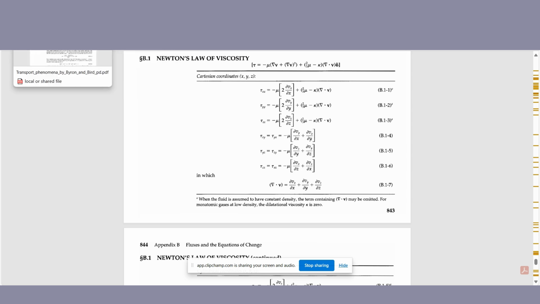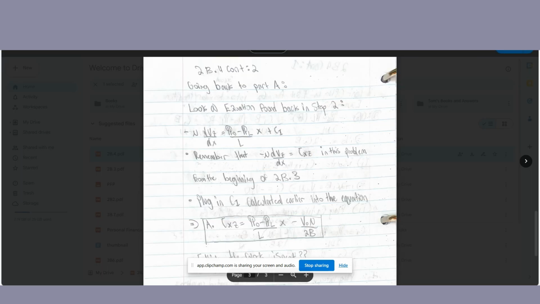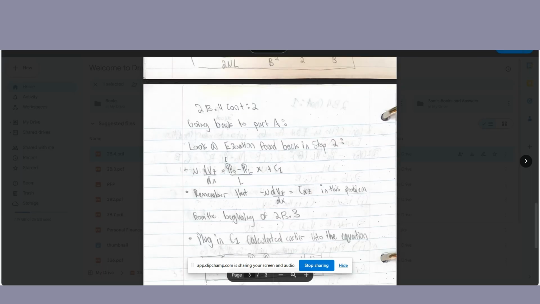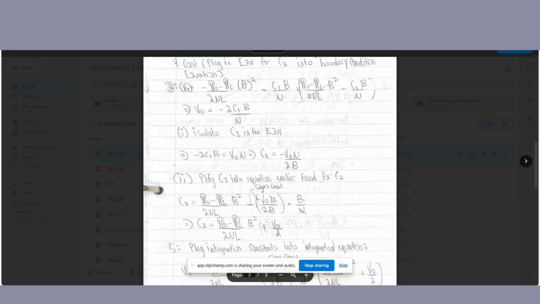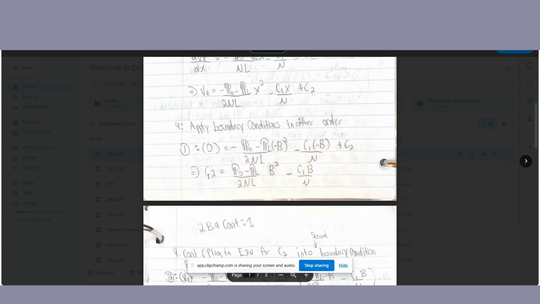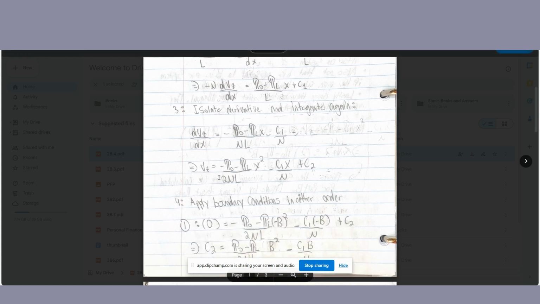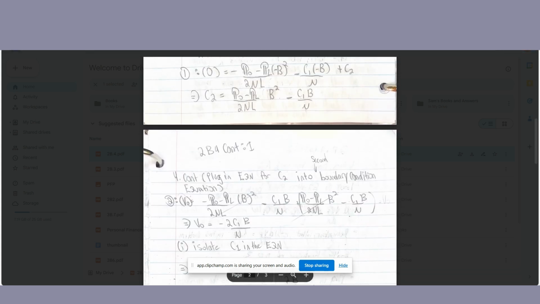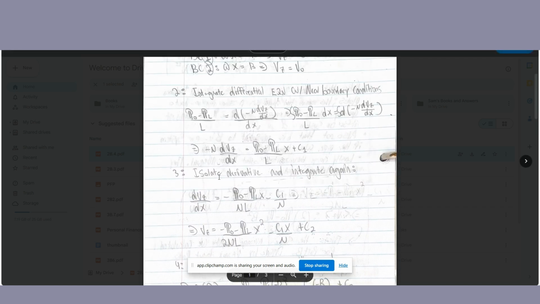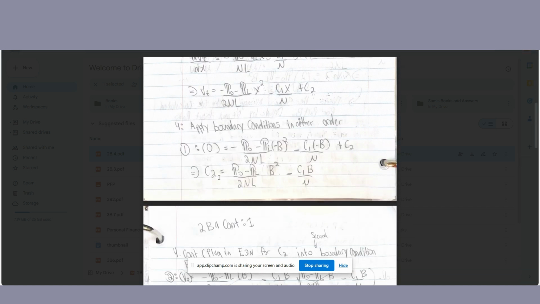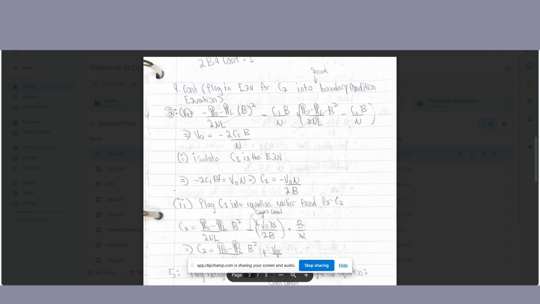And we know this is the definition because we have, where is it, this equation here from our first integration, dvz dx equals this, and we plug in c1 to that.